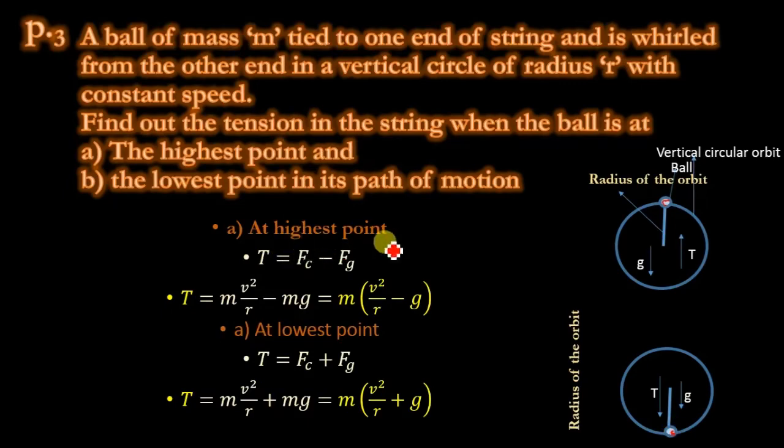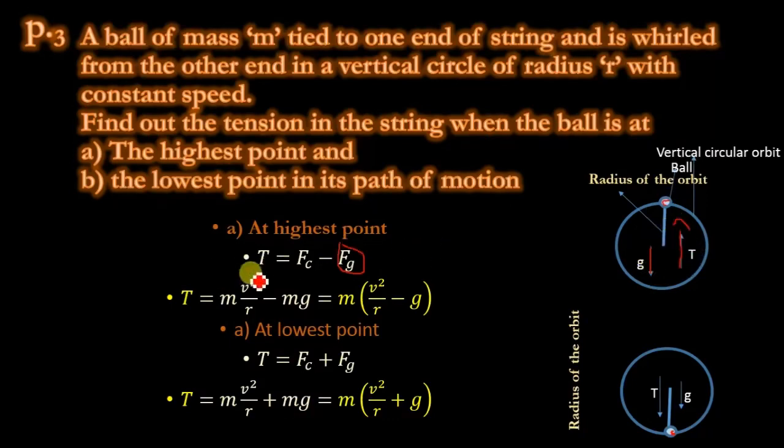Now at the highest point, when the ball is here, the tension T is equal to Fc, and this tension T is in the upward direction, minus Fg, where Fg is the weight of the ball. Centrifugal force minus weight of the ball. The weight of the ball is due to gravity, and gravity is acting downward, whereas the tension T is acting upward.